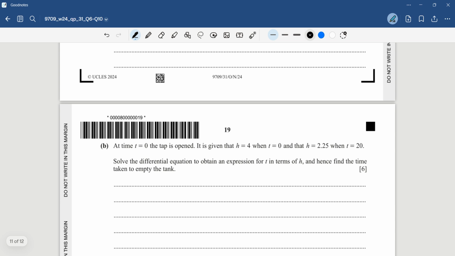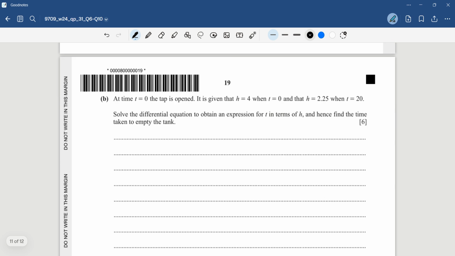Okay, the following question. At time t, the tap is open. Given that h equal to 4 when t equal to 0, and when h equal to 2.25, t equal to 20, solve the differential equation and obtain t in terms of h. Okay, first we try to solve.